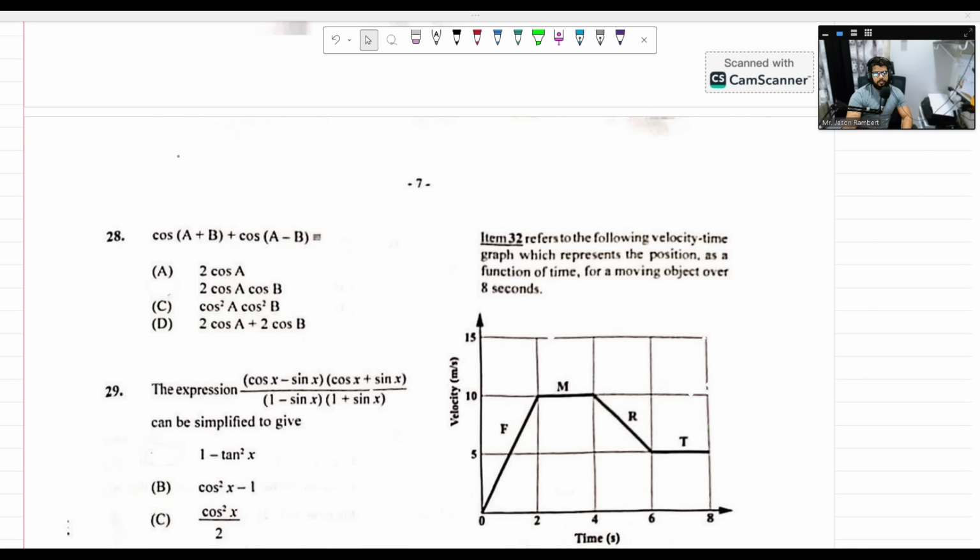Using the compound angle formula, cosine of a plus b is cos a cos b minus sine a sine b. And then cosine of a minus b is going to be cos a cos b plus sine a sine b. When I add both of them together, the sine terms go away. When I add these two, I'll get 2 cos a cos b.